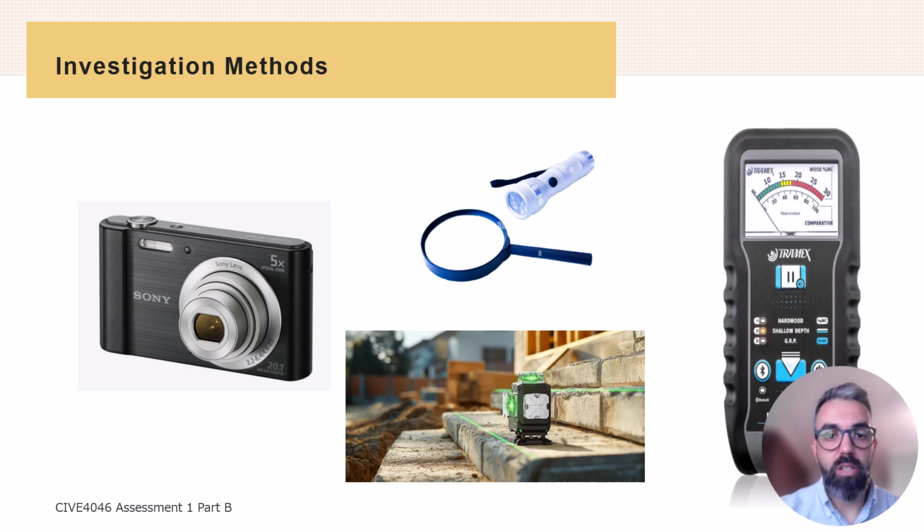We can see, for example, a moisture reader on the right hand side, and for the staircase, we have a spirit level, which is really good to check if in this case the treads are level or not.